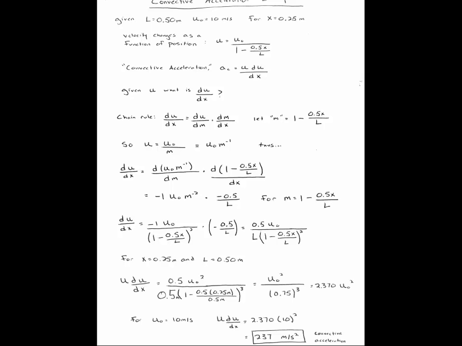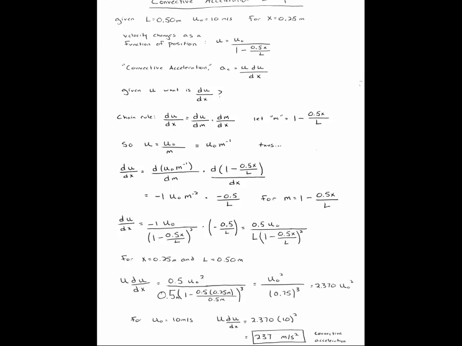So when x equals L, we have u naught divided by 1 minus 0.5. So it's u naught divided by 0.5, which is double the velocity. If it's 10 going in, it'll be 20 coming out. So far so good. The equation at least makes sense with the two positions where we do know the velocity.